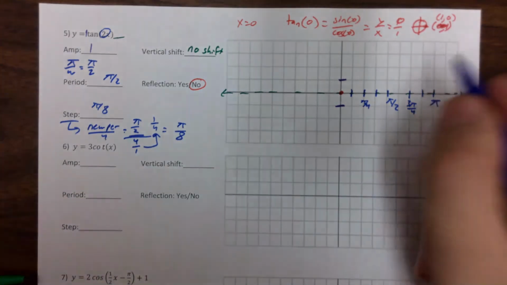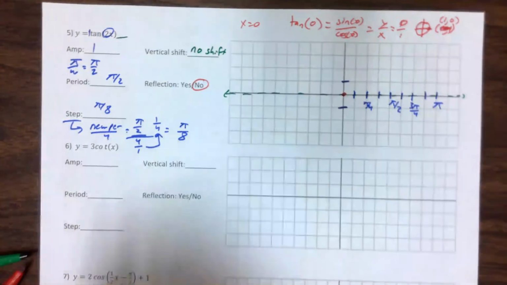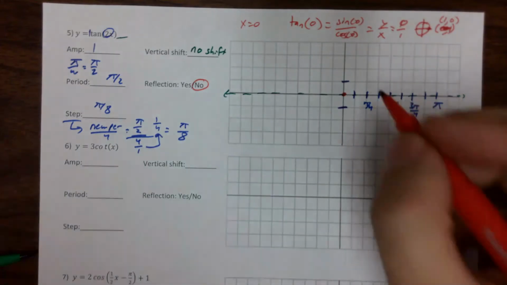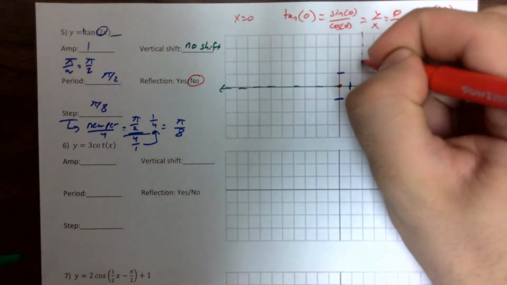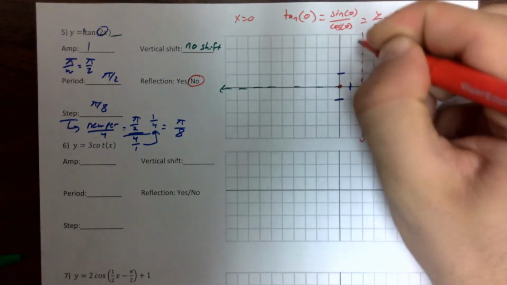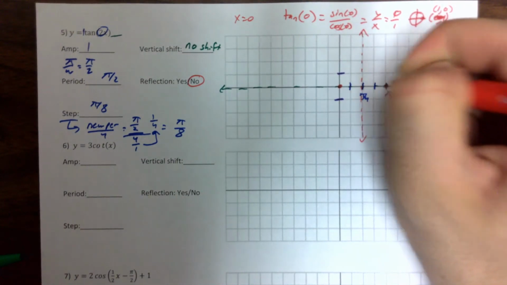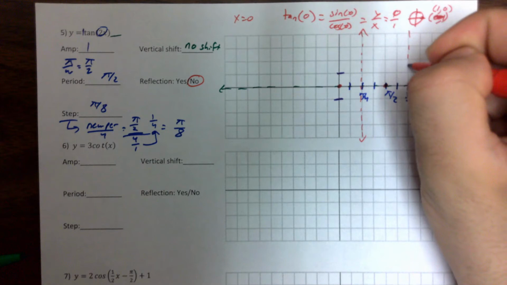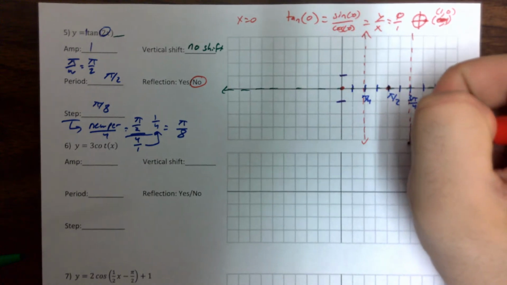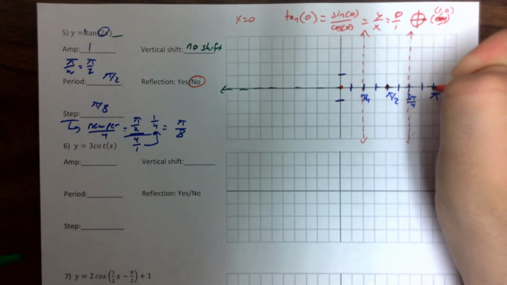No, I didn't. There should just be a tick mark there because my step is pi over 8. So we're good. I'm going to skip 1 and then, boom, vertical asymptote. Then when I skip 1, I'll have my dot. I skip 1 and have my vertical asymptote, and then skip 1 and have my dot.